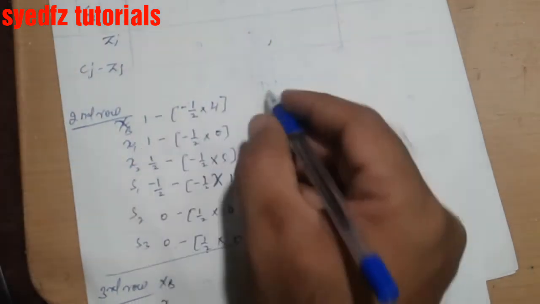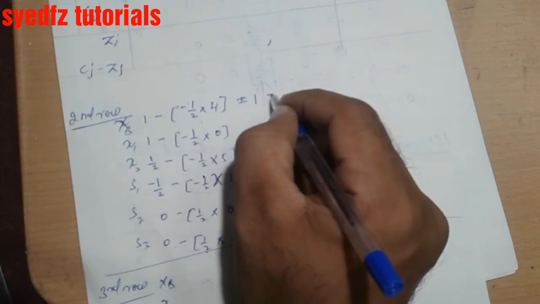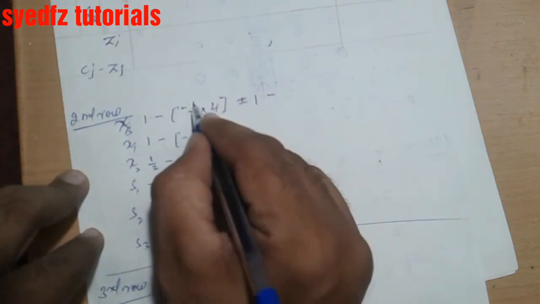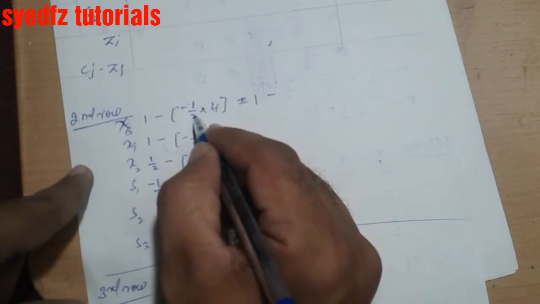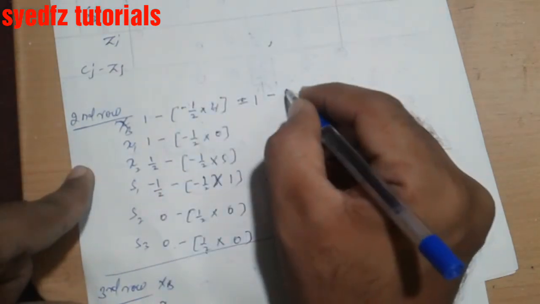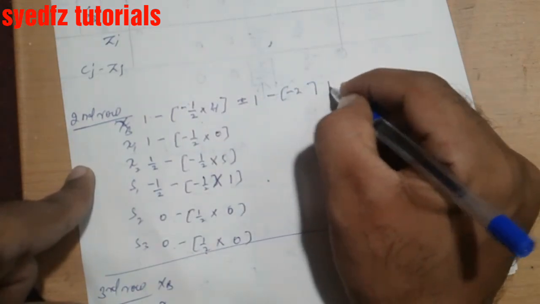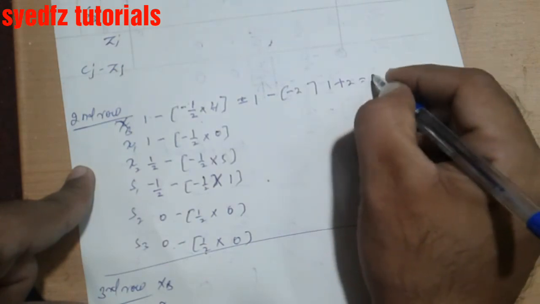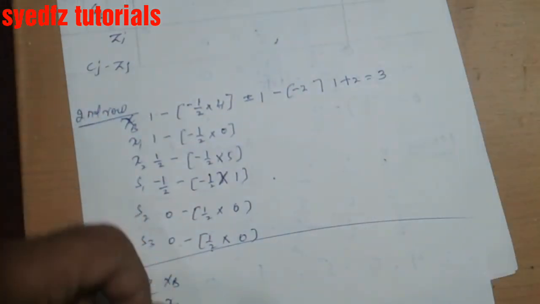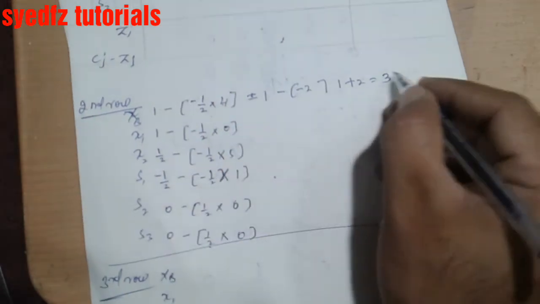This one remains the same. This is the minus. 4 into 1, 4 divided by 2. 4 by 2 means 2. This is a minus 2. So minus 2, minus to minus plus 1 plus 2 is equal to 3. First is 3. This is the answer.